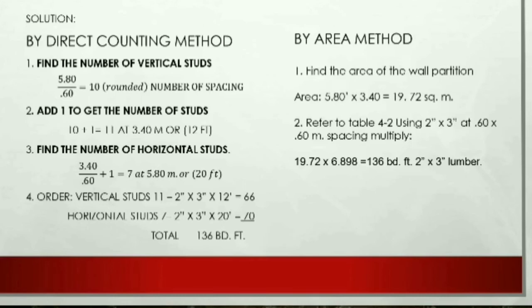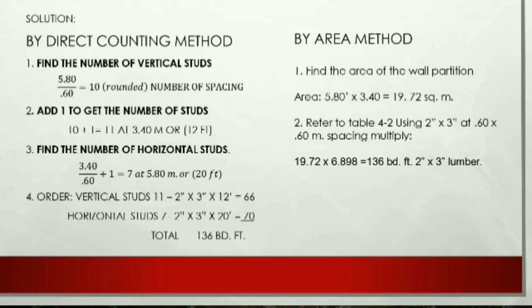So the area method is a simple method. You just have to find the area of the whole partition, which is length times width, 5.80 times 3.40, and we'll get 19.72 square meters. Then refer to table 4-2, look for 2 inches by 3 inches at 0.60 by 0.60 meters spacing.